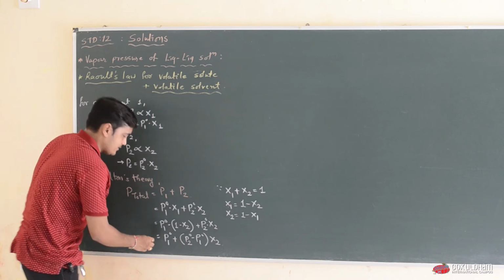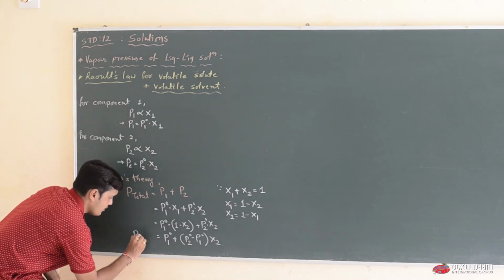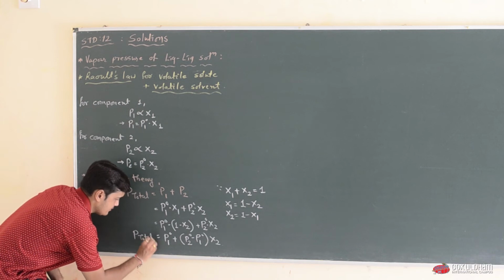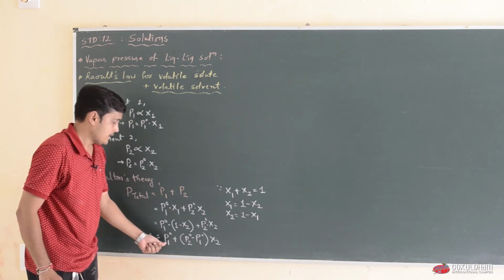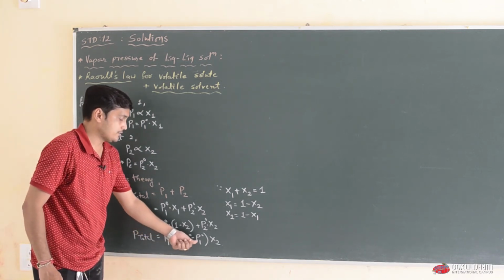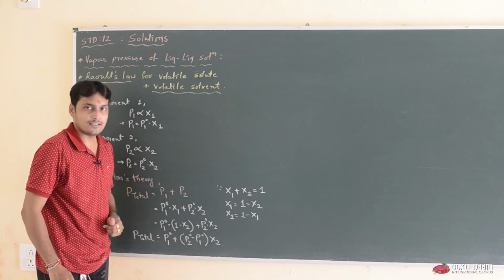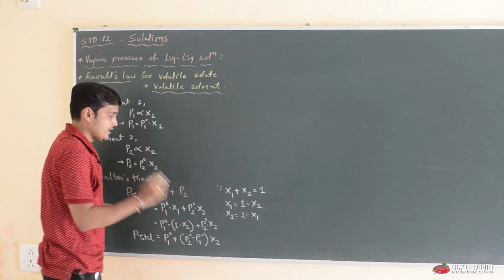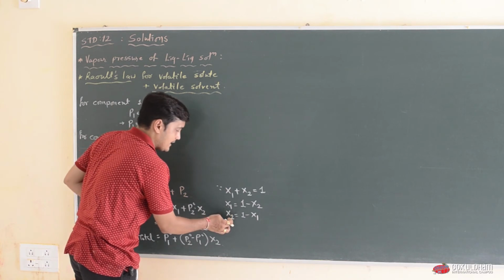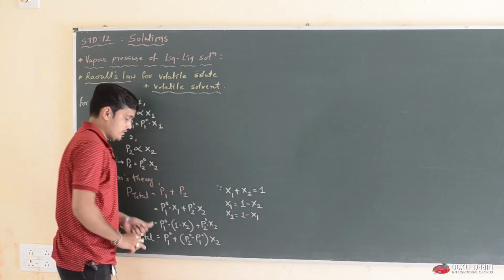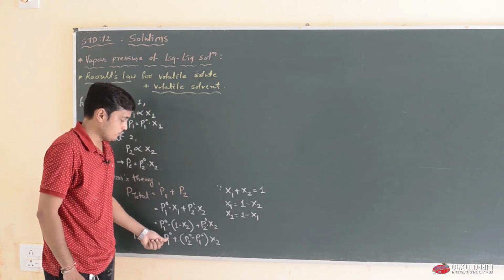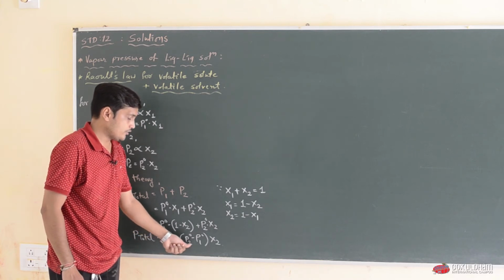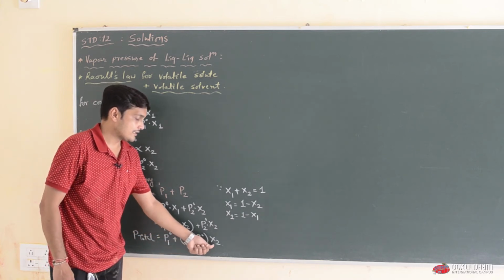So you will get the final equation of P total: P1⁰ plus (P2⁰ minus P1⁰) into X2, or if you put the value of X1, you will get P2⁰ plus (P1⁰ minus P2⁰) into X1.